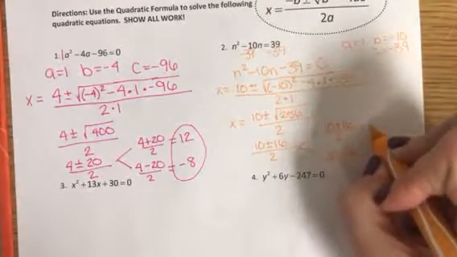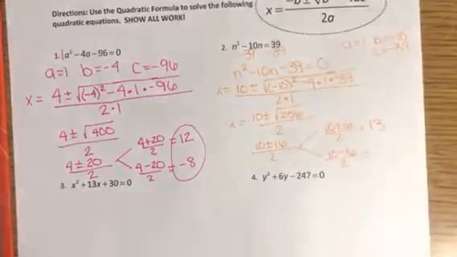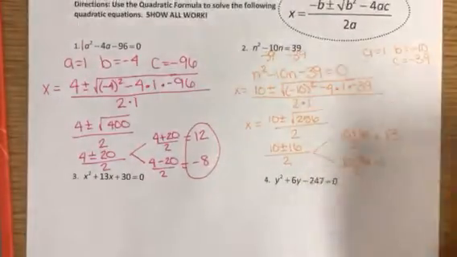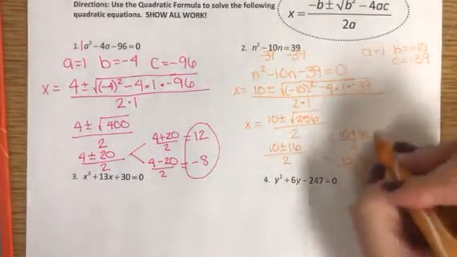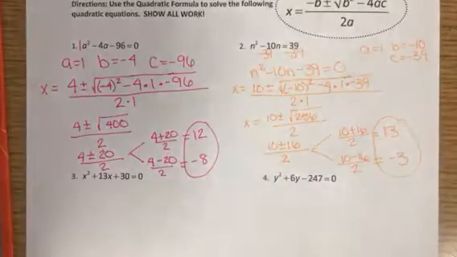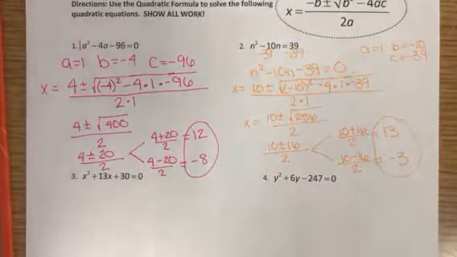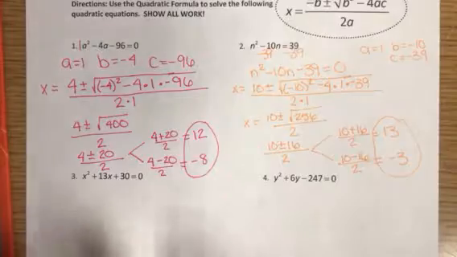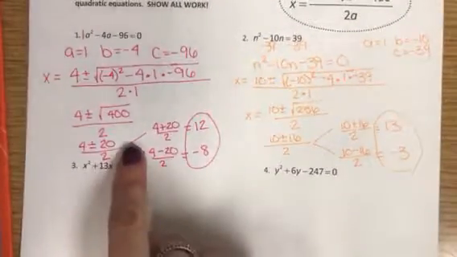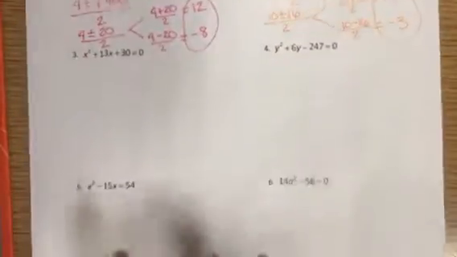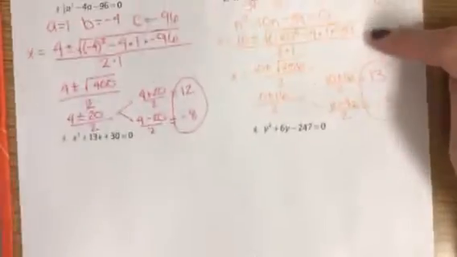Okay, so 26 over 2 will give us 13, and -6 over 2 will give us -3. So x equals 13 or -3. Okay, so numbers 3 and 4, you're going to do the same way that we did 1. Number 5 is going to be the same way that you did 2.